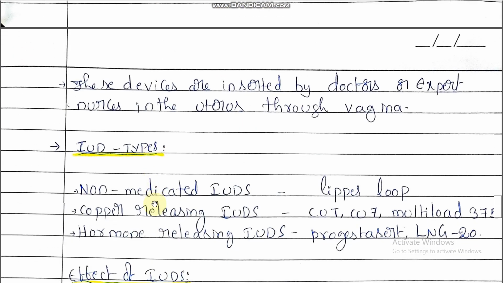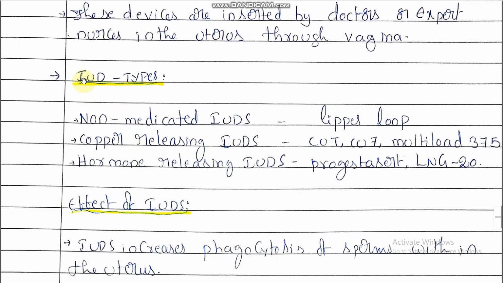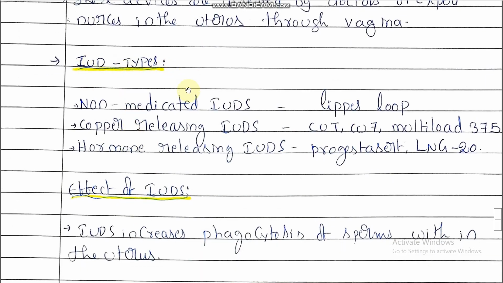And the types of IUDs, intrauterine device types. There are majorly three types of IUDs available: non-medicated IUDs, copper releasing IUDs, and hormone releasing IUDs.